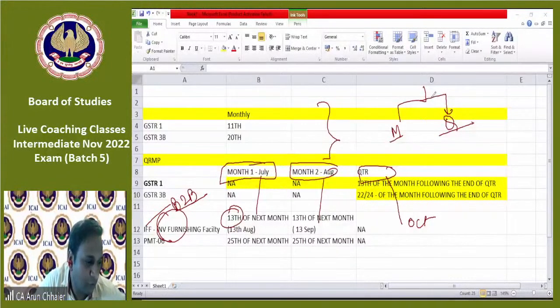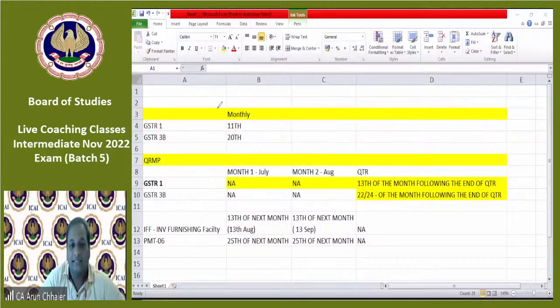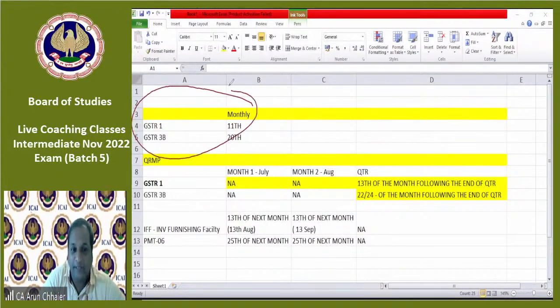In the previous chapter, the 20th of next month was the date of payment of taxes in case of monthly. Rekha, what is the due date of payment of taxes for a monthly taxpayer? The due date will be equal to the due date of GSTR3B.